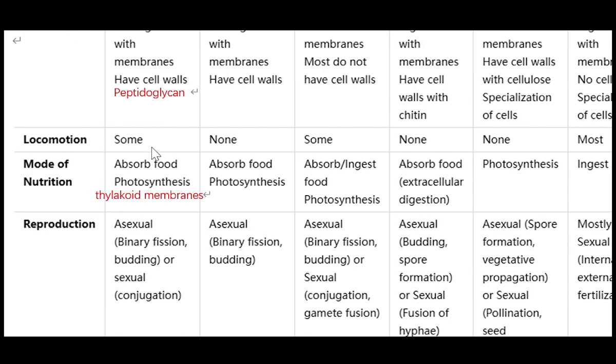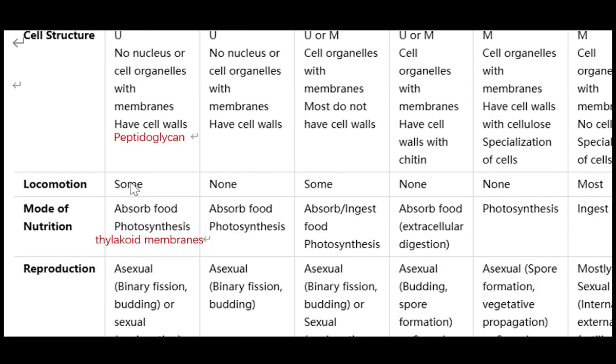And for the locomotion, some bacteria are able to move while others cannot. And the bacteria that are able to move use the flagellum to move around. So it is like the tail at the end of the cell.